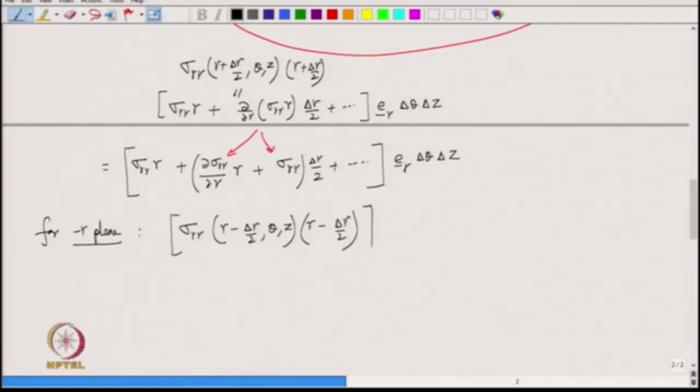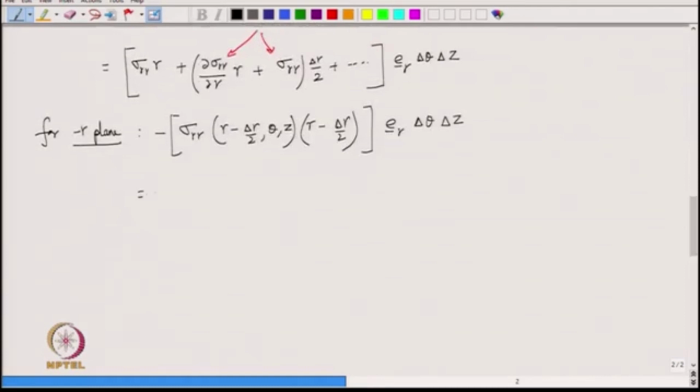And this comes with a negative sign for negative r plane into E r times delta theta times delta z, right.